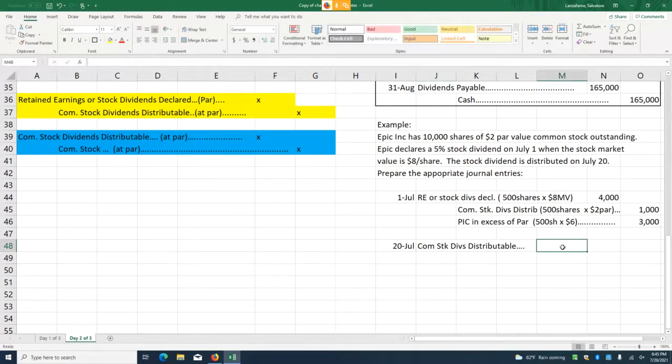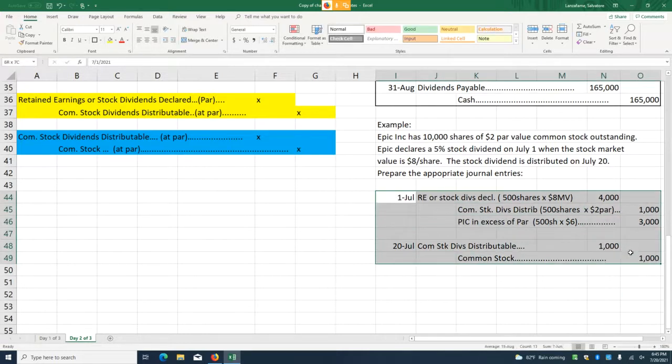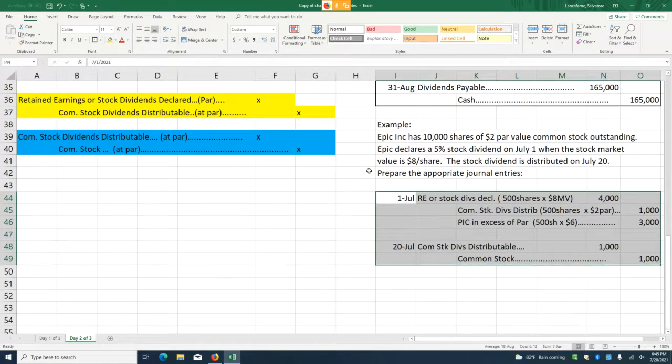And the amount was $1,000. And now we're going to credit common stock. Keep these the same. And those are the answers to that question.